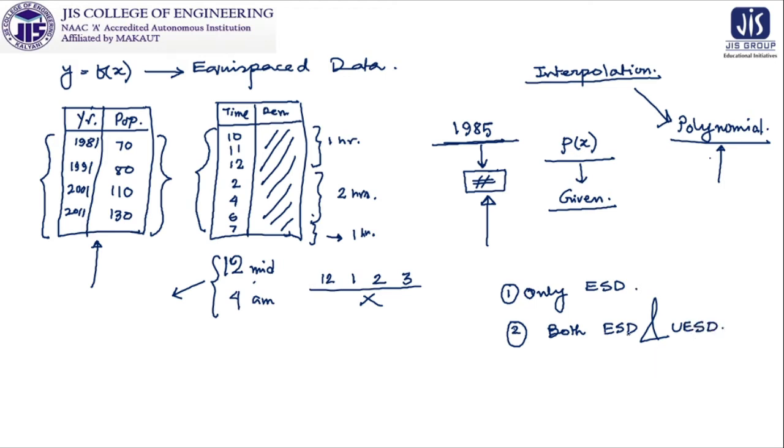So today our target is to discuss one interpolation formula whose name is Lagrange's interpolating polynomial or Lagrange's interpolation formula, which will be used for both the cases. So let us give the working rule.